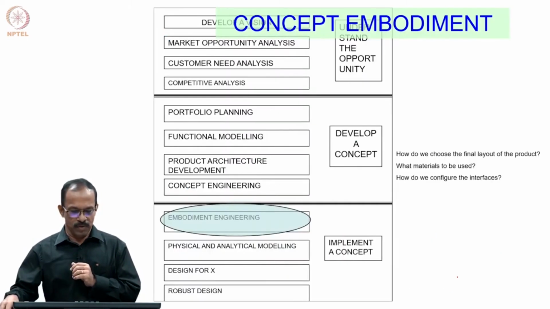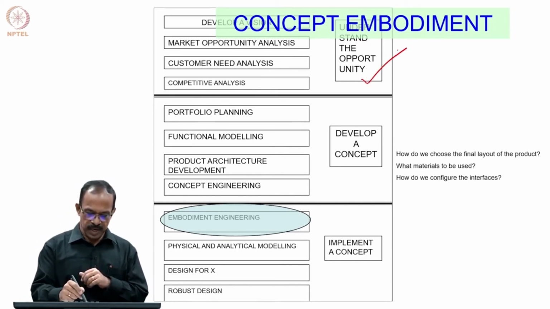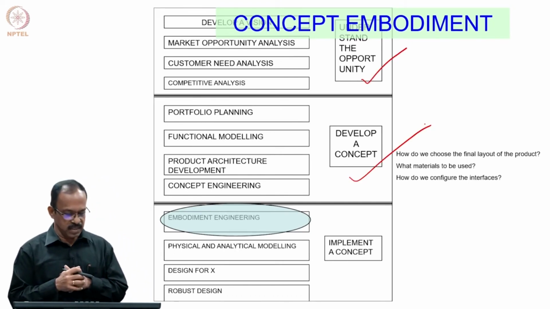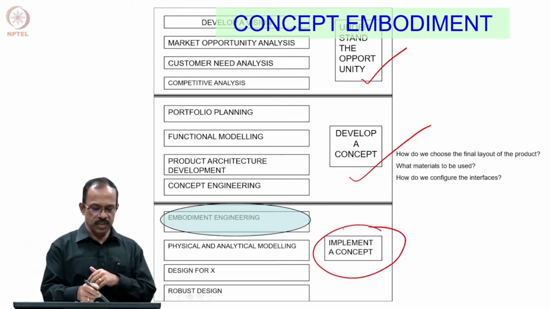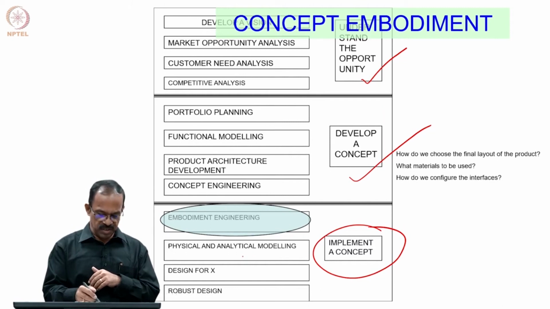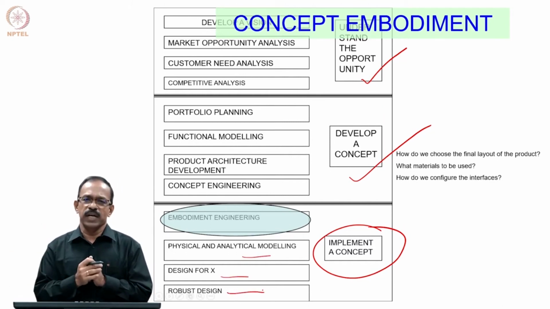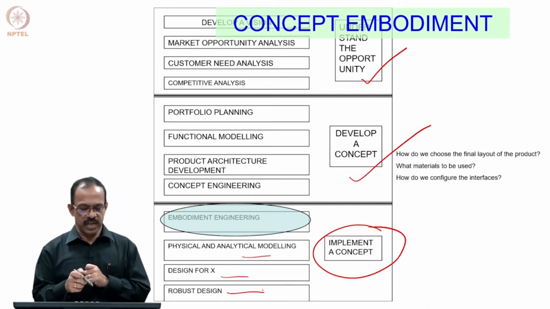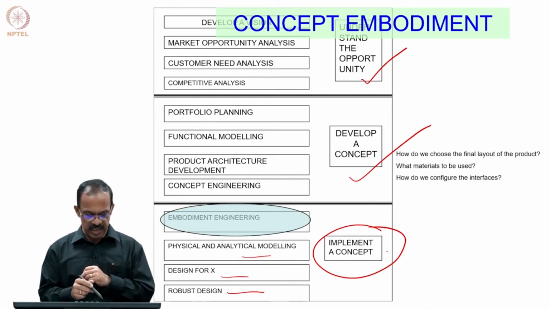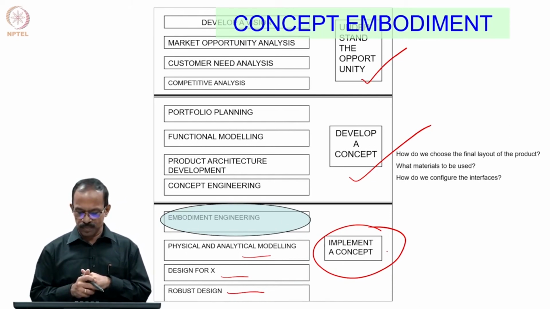So, to provide a summary, the understand the opportunity part we completed and the develop a concept part also we completed, and the next one is implement a concept, which goes with embodiment engineering, analysis, design for X, robust design, etc., which you will be able to learn in other courses, as you can choose some courses which discuss embodiment engineering, modeling and design for X, etc.